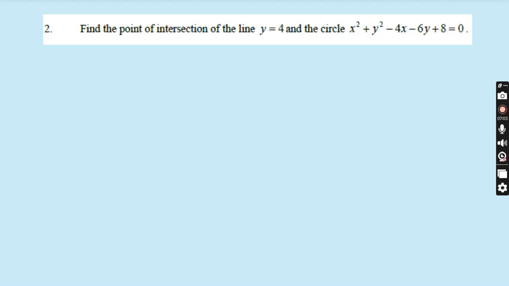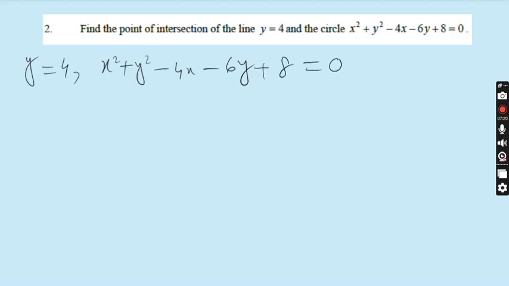Find the point of intersection of the line y equals 4 and the circle x square plus y square minus 4x minus 6y plus 8 equals 0. This is a very easy question because the y value is given. So just put y in the equation of the circle.